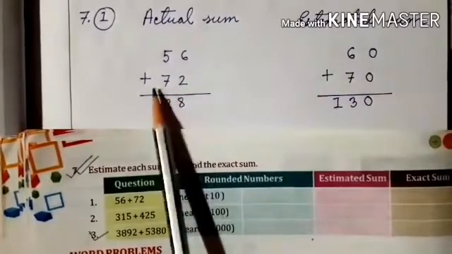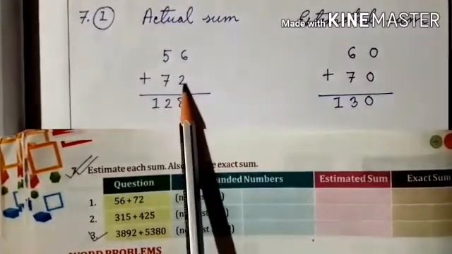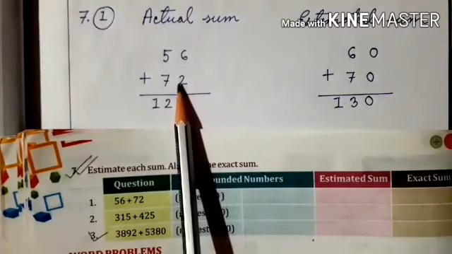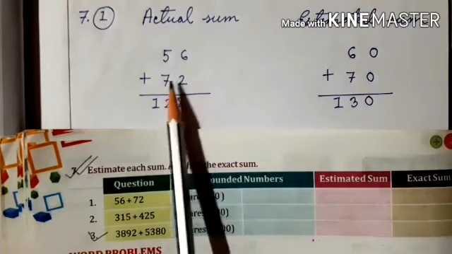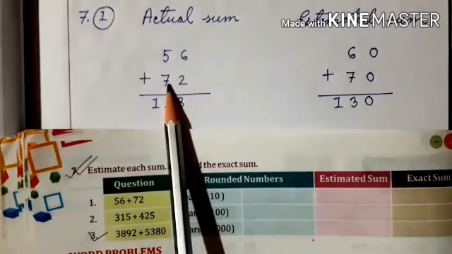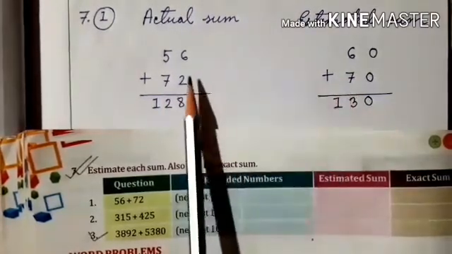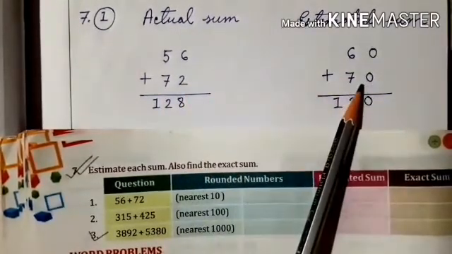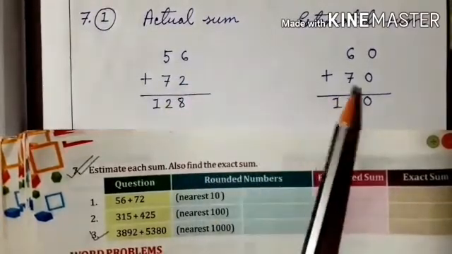Now look at this number 72. We leave the tens place and check the digit in the ones place, okay? If the digit in the ones place is smaller than 5, then the digit in the tens place does not change, it stays the same, okay? 7 stays 7 and the ones place becomes 0, okay? So 72 we round off to 70, okay?